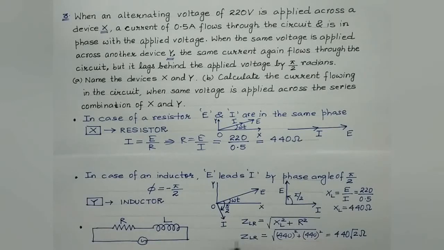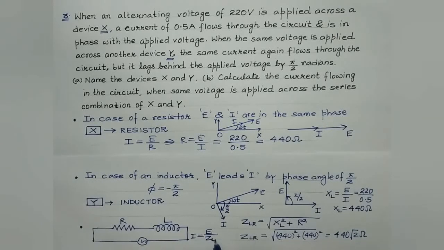So we are supposed to find out the current. So what about the current then? Current would be simply equal to EMF divided by ZLR. So simply substitute the values and we should get the answer. Therefore, current would be equal to EMF, that's 220 volt, divided by ZLR, which is 440 root 2.